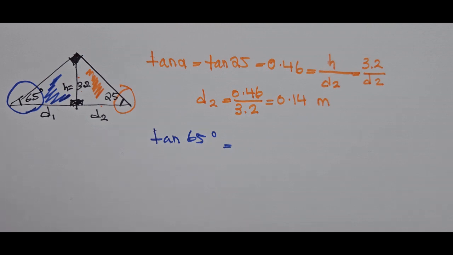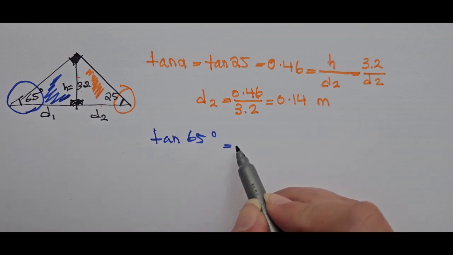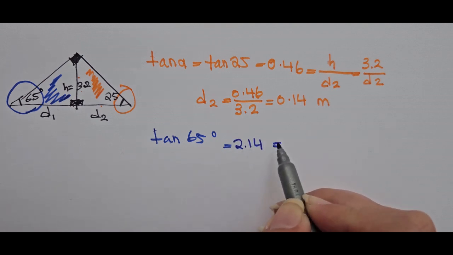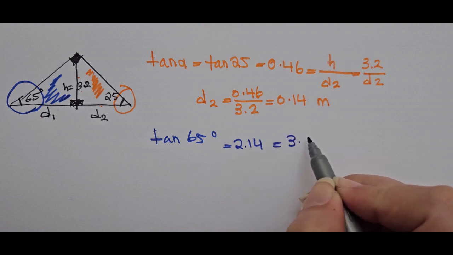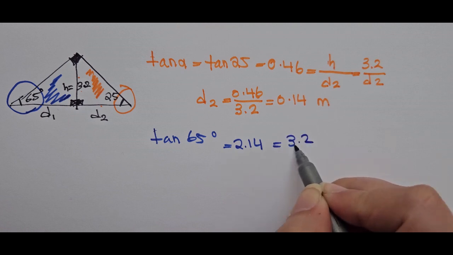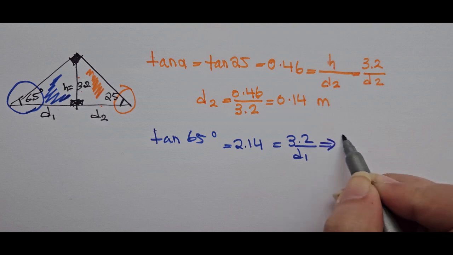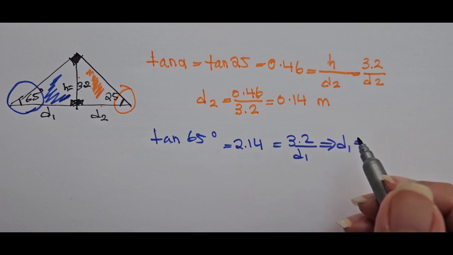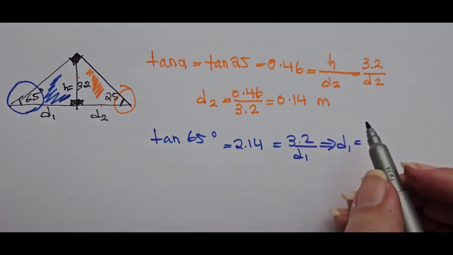So tangent of 65 is 2.14, which is equal to H over D1. And from here, I can simply solve for D1, and the D1 would be 0.66.